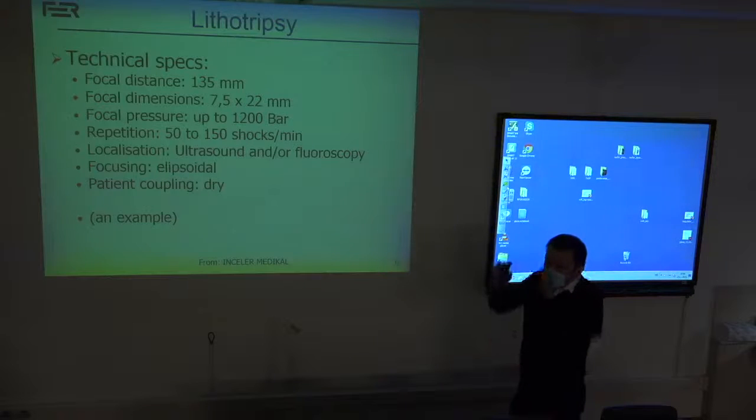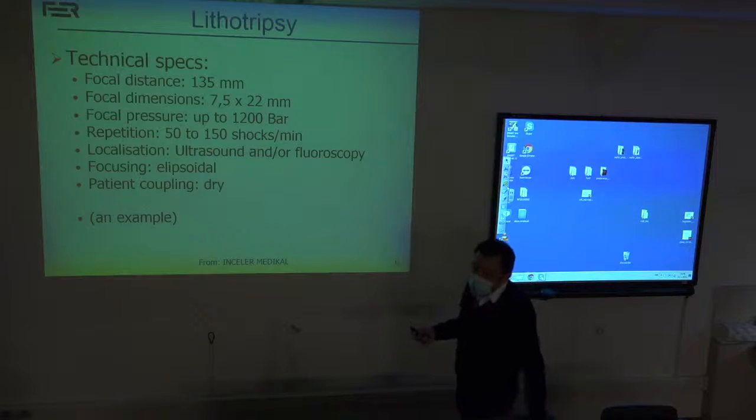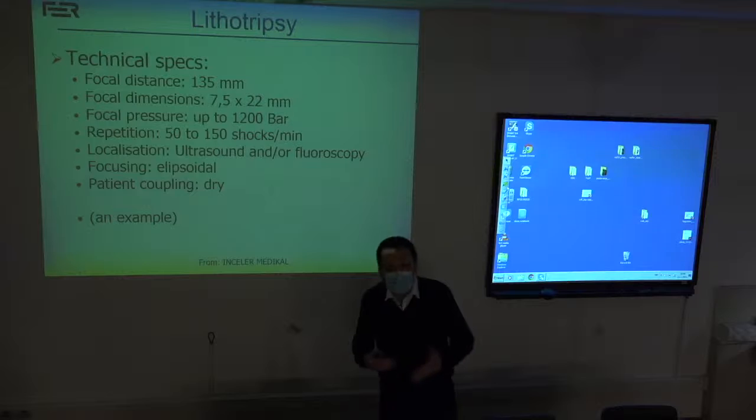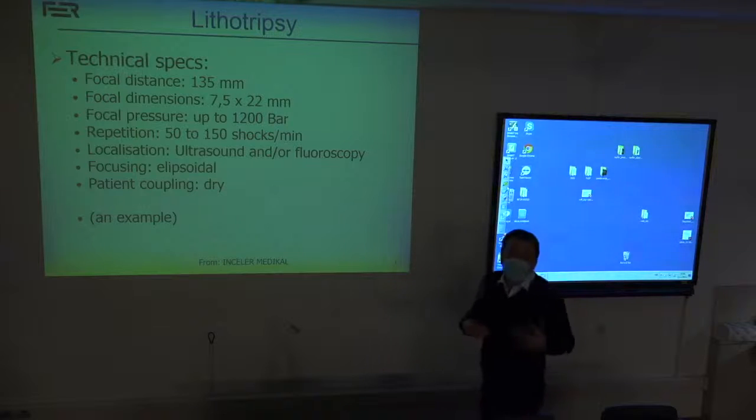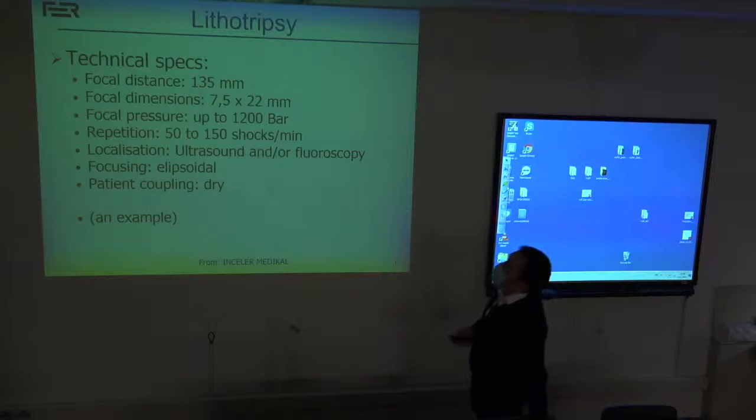That means that you can shape them to go deeper than if you had just a circle, and the patient coupling is, so to say, dry. That means that you don't have to make any kind of penetration. It's dry in that there is no necessity to enter the patient's body.